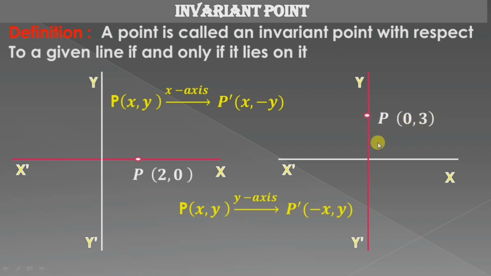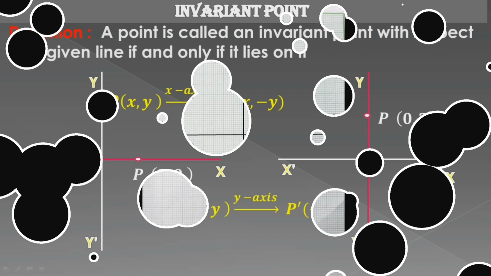In this case also, the coordinates of the image as well as the object are the same. So a point is called an invariant point with respect to a given line if and only if it lies on it. So these 2 points whose object as well as image are the same, this type of point is known as an invariant point.